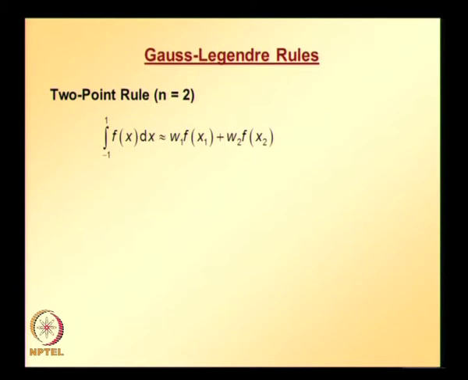Just before, I made a statement that the procedure will be clear when we take n is equal to 3, but let us look here itself at the 2 point rule to see how to get these weights and locations x1, x2. There are 4 unknowns to be determined: x1, x2, w1, w2.